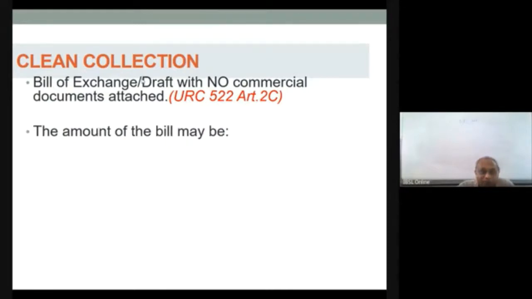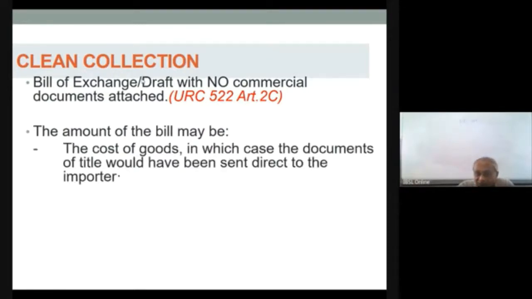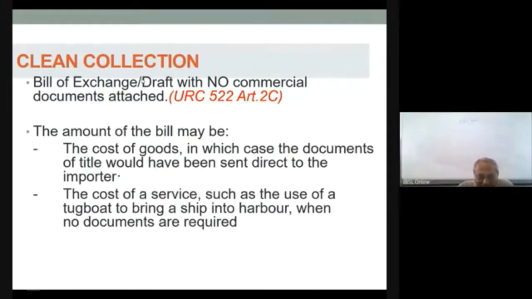The amount of the bill may be the cost of goods, in which case the documents of title would have been sent direct to the importer. Right? The cost of a service, such as the use of a tugboat to bring a ship into the harbor when no documents are required. Right?